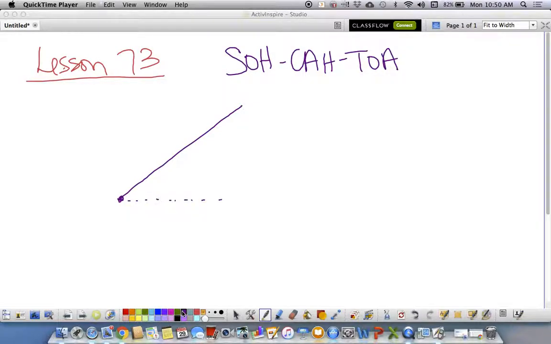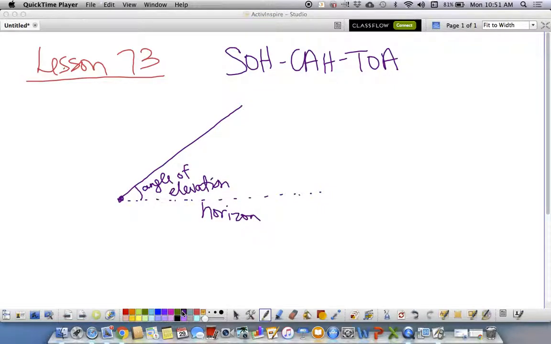Everything with the angle of elevation, we're going to talk about the horizontal or the horizon, like where the sun sets. There's a horizon. It's a horizontal line, and when you're looking up from it, that will be the angle of elevation.